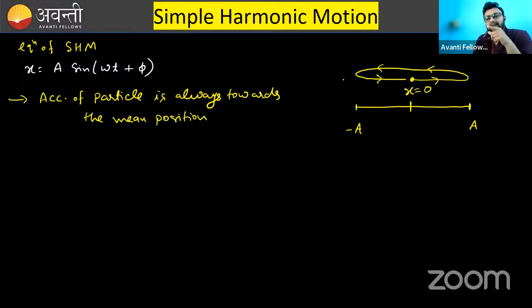Does it imply that velocity of the particle is always towards the mean position? Can anyone answer? Does this statement imply that velocity of the particle is always towards the mean position?